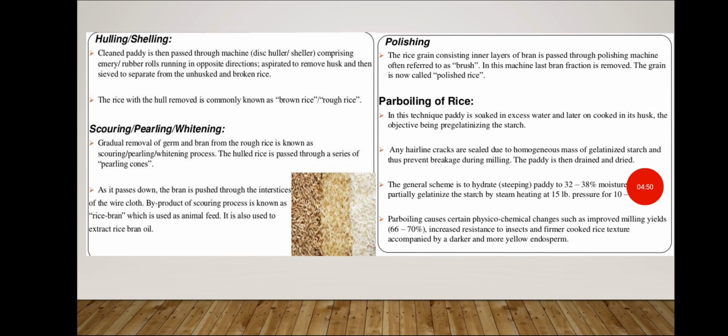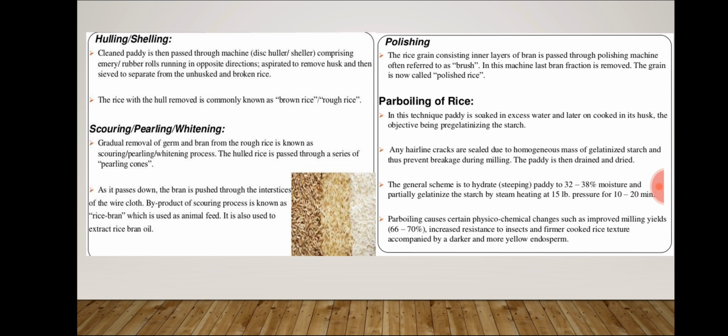The general scheme hydrates paddy to 32 to 38% moisture and partially gelatinizes the starch by steam heating at 15 lb pressure for 10 to 20 minutes.